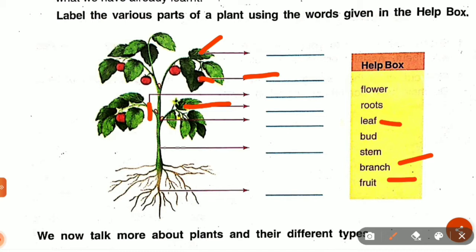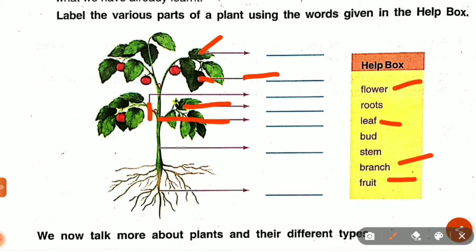This is the flower. Yes, you all know it, right? If you don't know, you should learn it now. Do you all have plants in your house? You can go and see the plant and cross check with this. You should also know where is the leaf, where is the flower, where are the branches, and where is the fruit, everything.